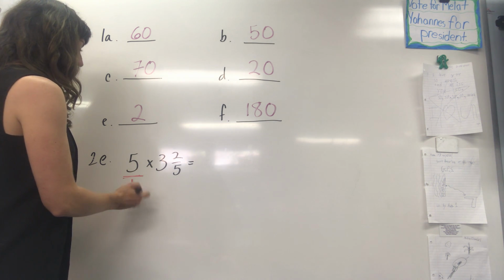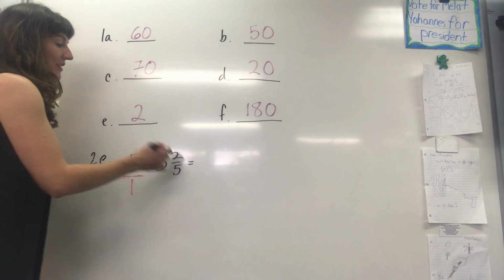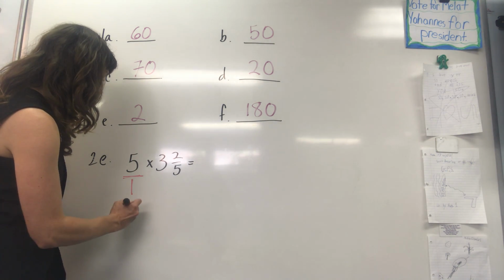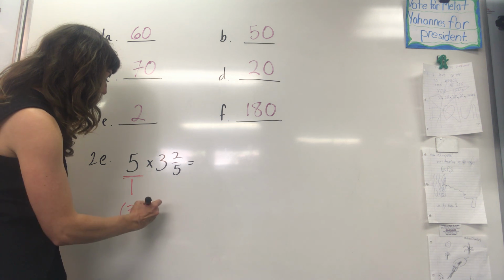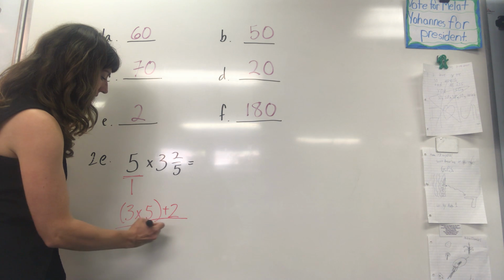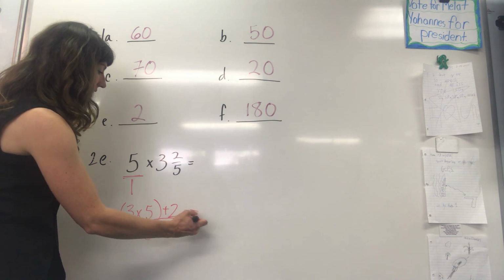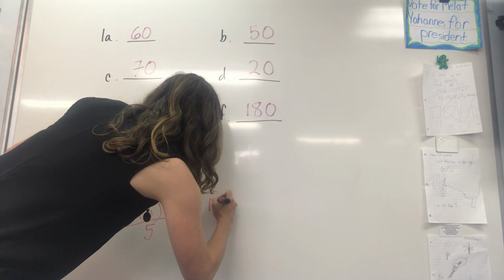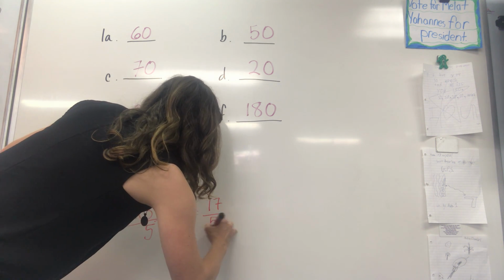That's all you got to do. And now I turn 3 and 2/5 into a fraction. My whole number 3 times my denominator 5, adding my numerator 2 all over the number 5. 3 times 5 is 15, plus 2 is 17, all over the number 5.